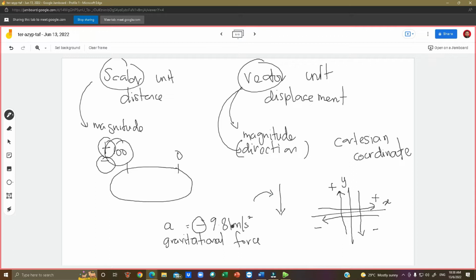We know that gravitational force pull us to the ground, ke bawah. Maksudnya gravitational force ni dia bergerak macam ni. Gravitation ke bawah. It not upwards, it not forward, it not backwards. It works downwards. And that is the first meaning of negative. Ni Cartesian coordinate.